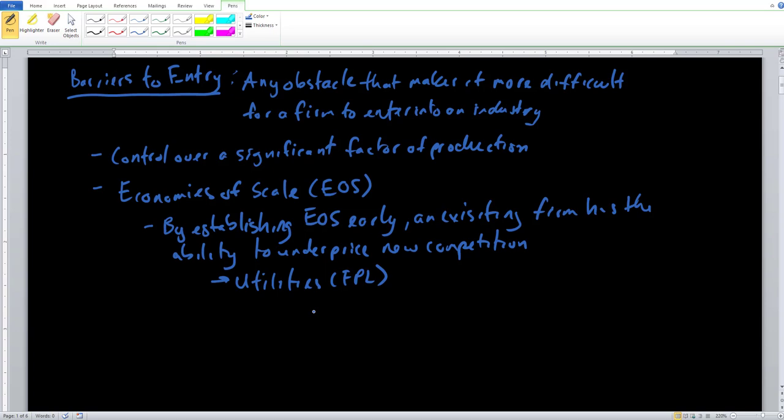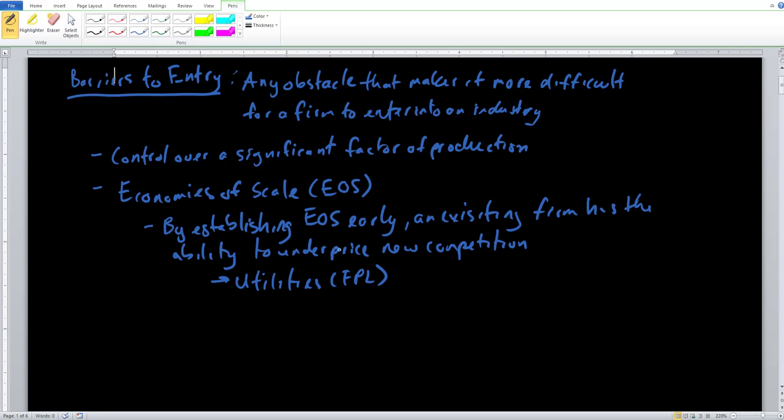If one smaller firm wanted to go ahead and provide electricity to a smaller subset of people within Miami-Dade, they themselves would have to undergo this huge investment as well. They'd have to make their own power plants, they'd have to have their own workforce, they'd have to have their own sort of equipment. And what is FP&L going to do when they see a smaller firm trying to infringe on their property or infringe on their territory?